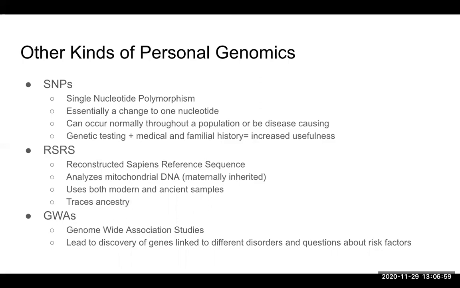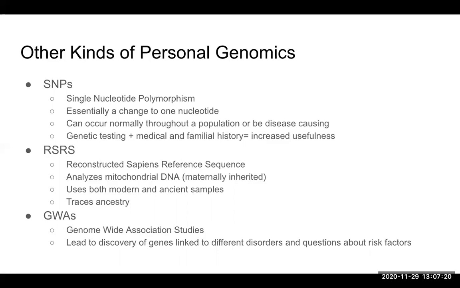RSRSs are reconstructed sapiens reference sequences. They analyze mitochondrial DNA, which is maternally inherited. Through using modern human and ancient hominid samples, we can trace people's ancestries through their maternal line.